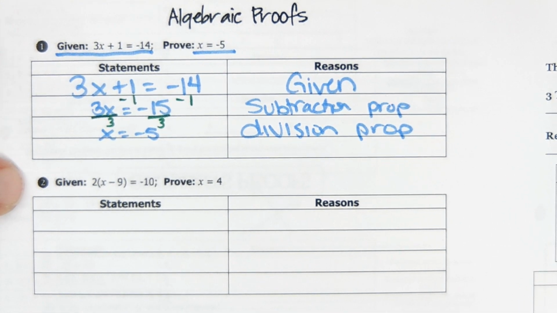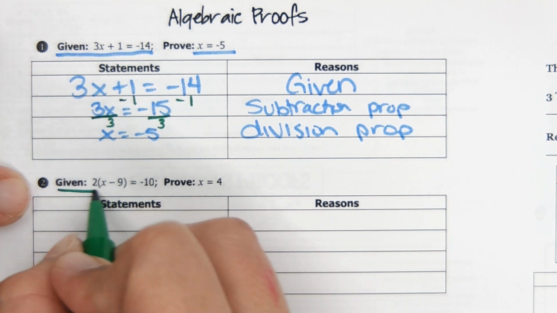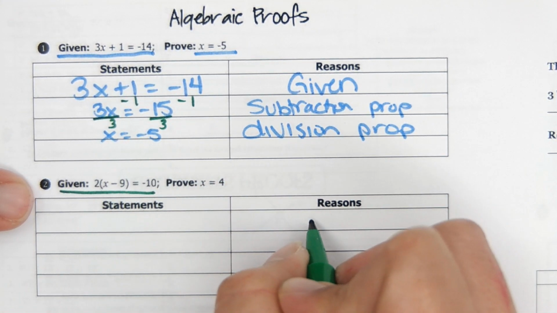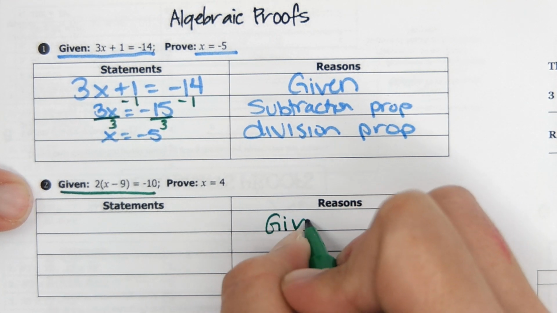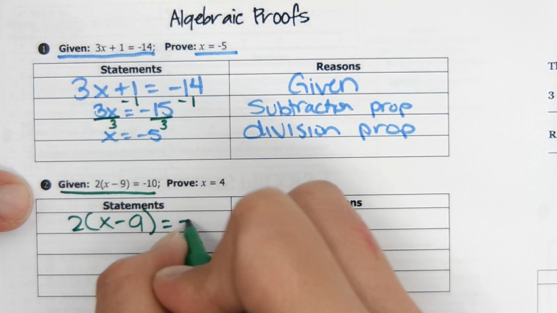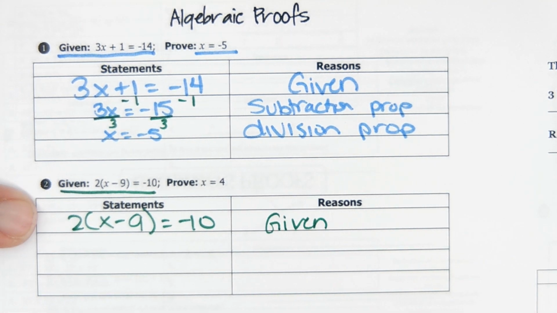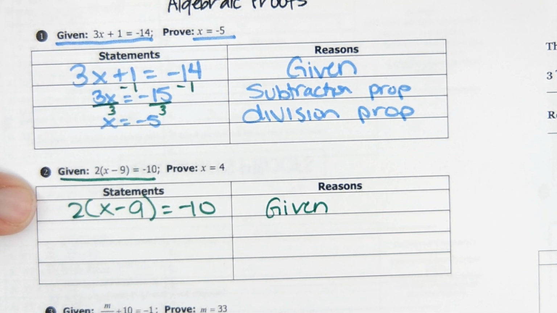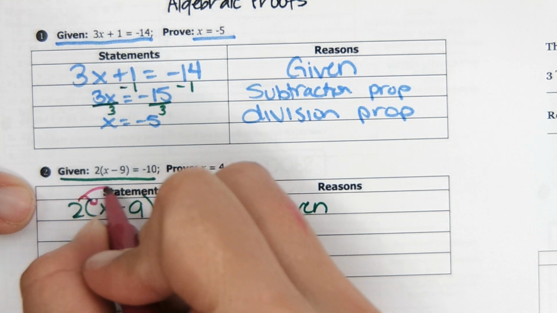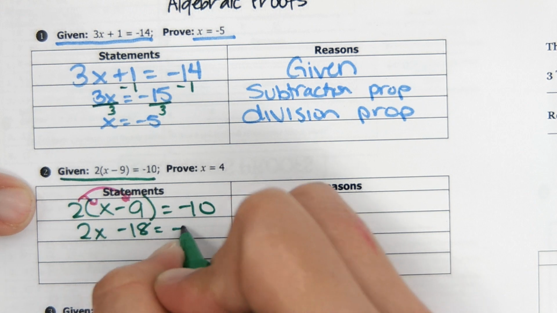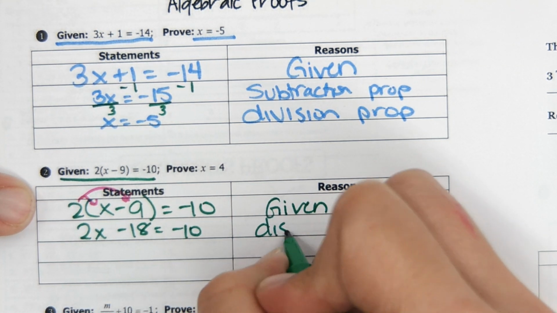Okay, the next one, the given, first things first, plug that into your first line. If this was partial credit for everything you filled in right, make sure that you're getting that given right because it's the easiest one to get right. Okay. Then from here, I would use distributive property to get 2x minus 18 equals negative 10. Reason, distributive property.